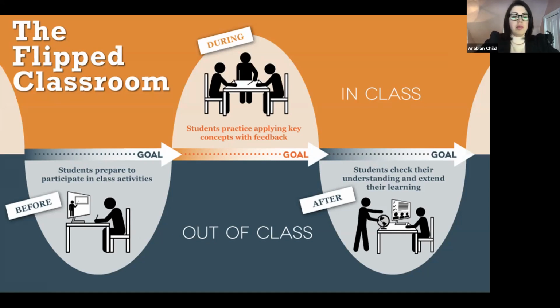Last webinar we talked about the before, and today we're talking about the during. And then it's very important to reflect and do all of the things about the after. So I hope that I'll give you a glimpse of the things that are happening after the class as well later on.